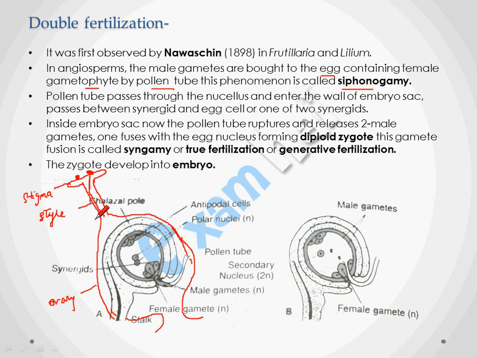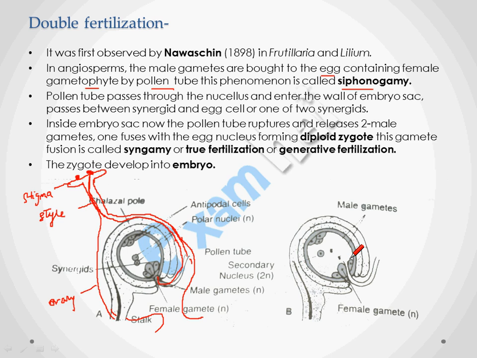The pollen tube will release some enzymes so that it can digest the reserved food material present in it, and through the nucellus, this is the nucellus part, it enters into the embryo sac through the micropylar end. The pollen tube contains the two male gametes, which you can see in this diagram.